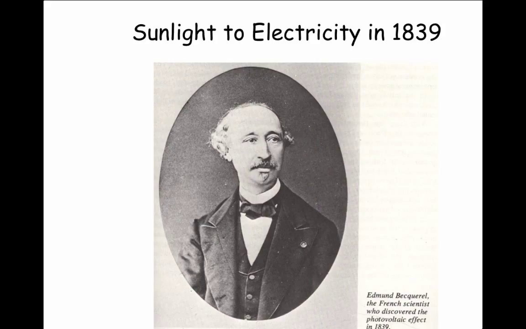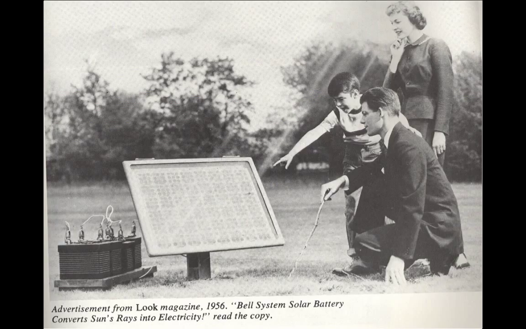We didn't get really efficient solar cells that could produce a lot of power until the 40s and 50s, when Bell Labs started working on them. You can see this advertisement: Bell System solar battery converts sun rays into electricity.